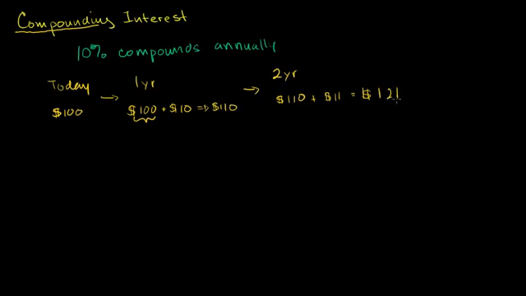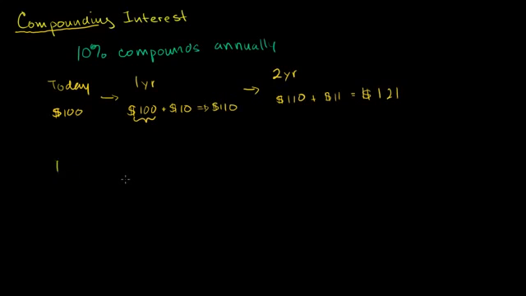And I could just keep doing that. The general way to figure out how much you have after, let's say, n years is you multiply. Let's say this is my original deposit, or my principal, however you want to view it. Let me not be too abstract.